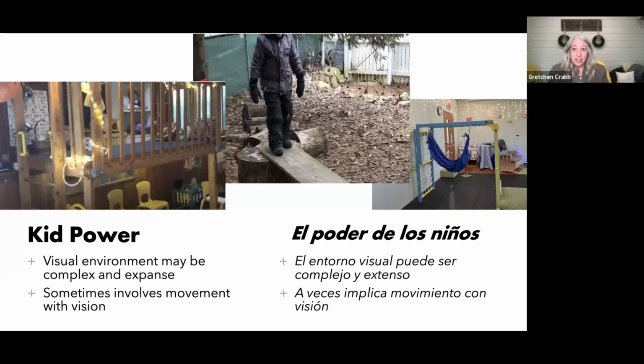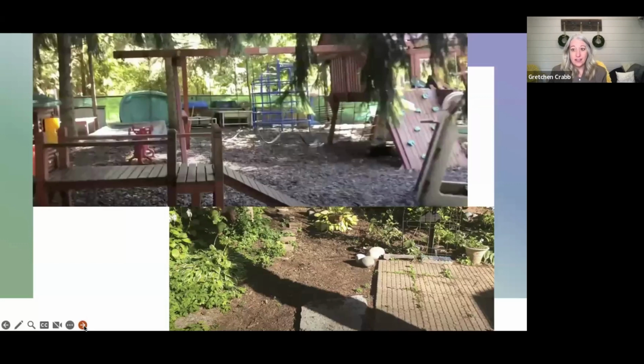So if you create these different visual spaces, it helps with sensory regulation, and children have the ability to go through each of them depending on what visually works best for them at that time. This is just another example of a complex visual environment.